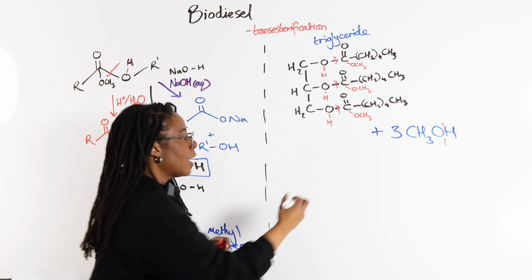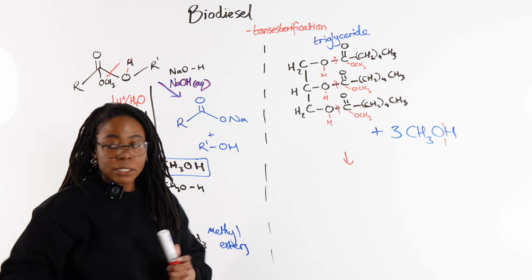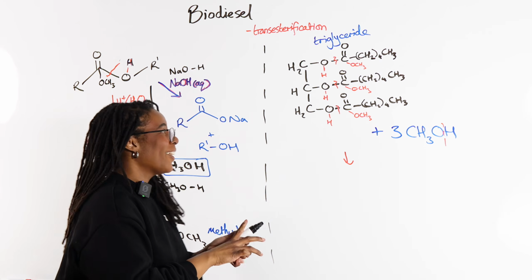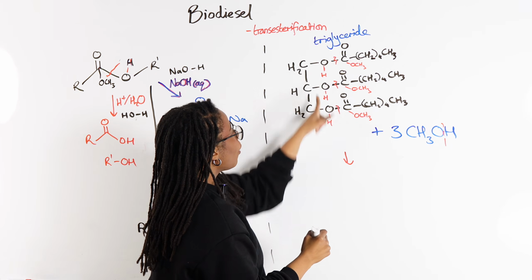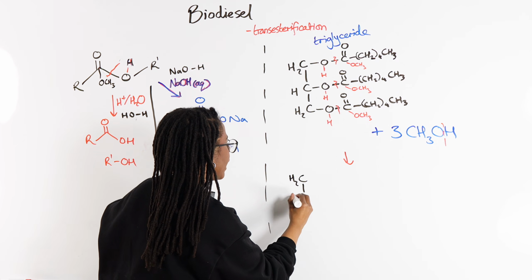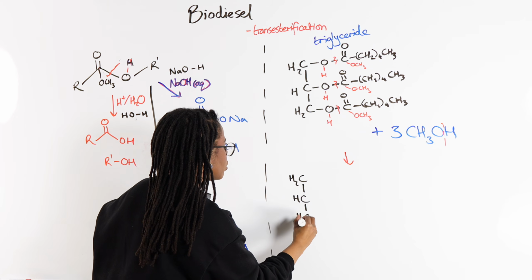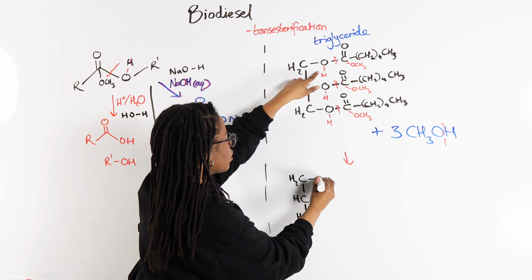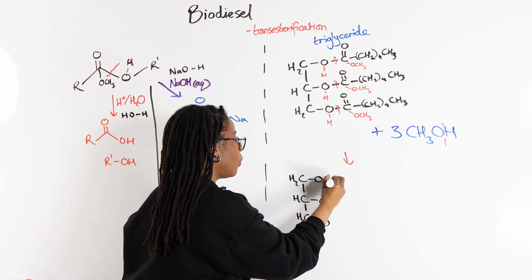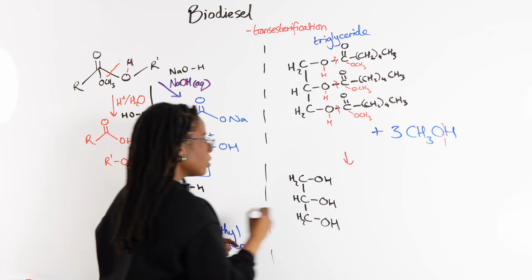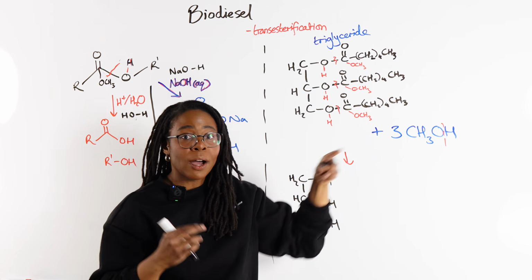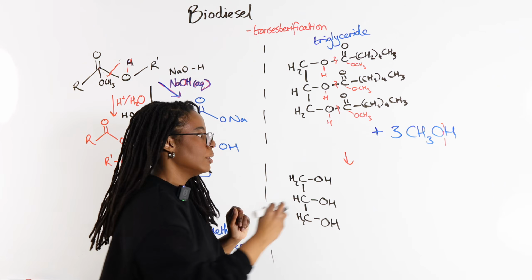So what do we end up with as our final product? We are going to get our alcohol back, our triol. So CH2, CH, CH2. But now we've got those O's, and those O's now have got H's on them. OH, OH, OH. And then for our part that once was the acyl part, that's now got the OCH3 part.